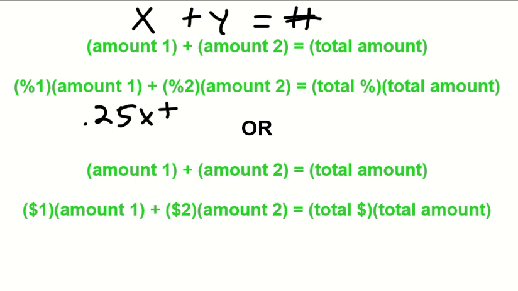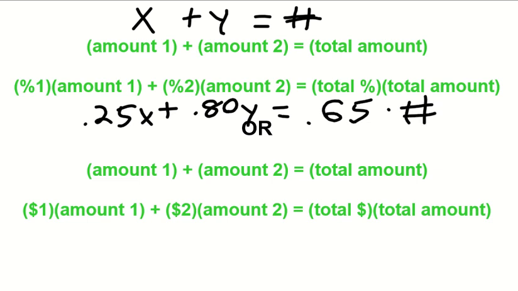And then if it was 80%, 0.80y equals, and they're going to tell you that you're looking for a total percent with the total amount. So the total percent that they could be looking for might be 65%, and you have to multiply that by whatever this total number was to begin with.